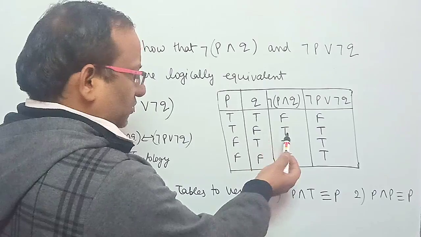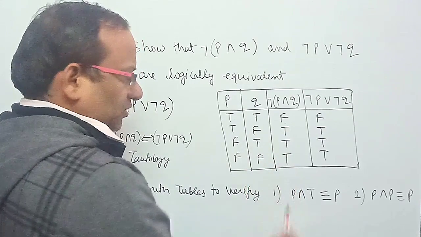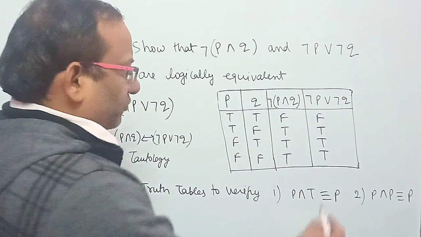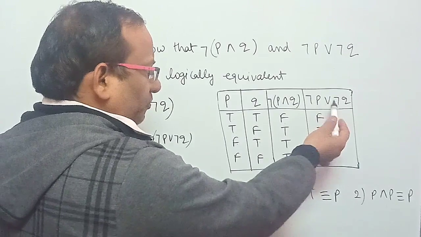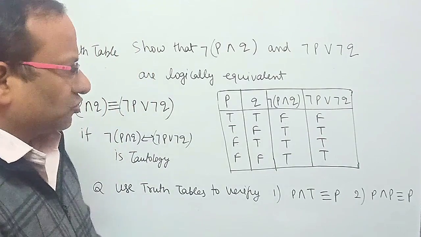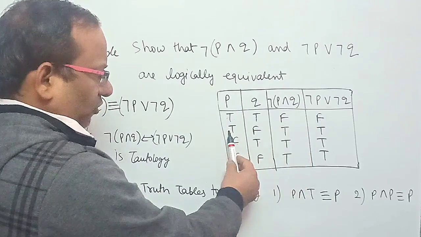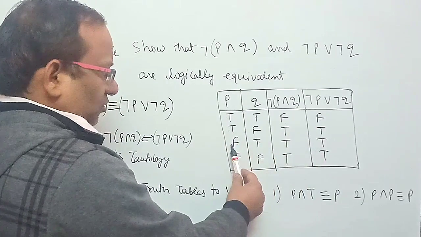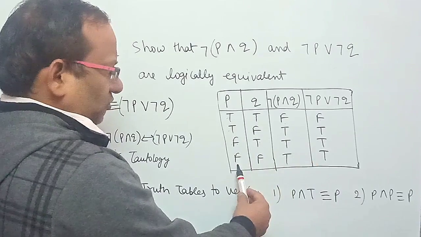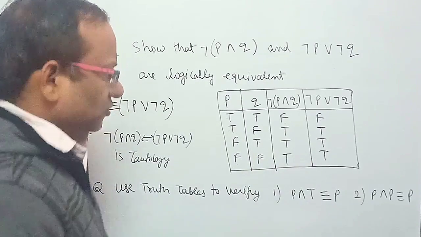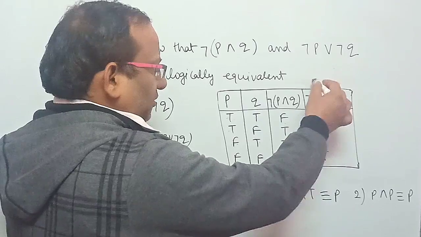Here P and Q is false, negation is true. Same case with the rest. And if we find negation of P disjunction negation of Q, false or false is false, false or true is true, true or false is true, true or true is true. So these two columns are identical.